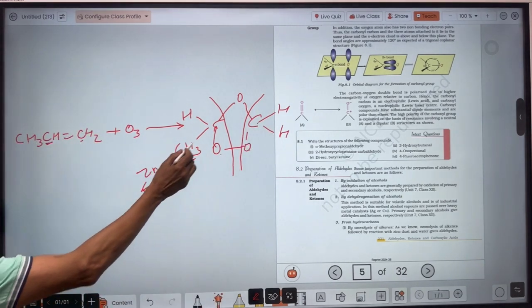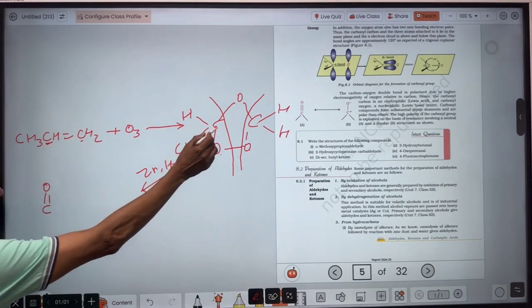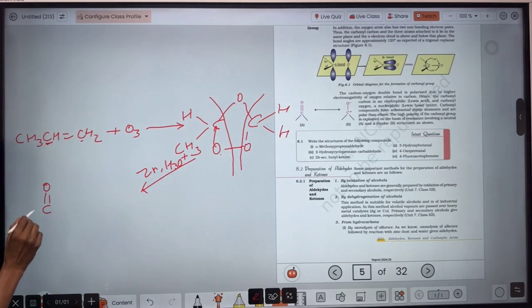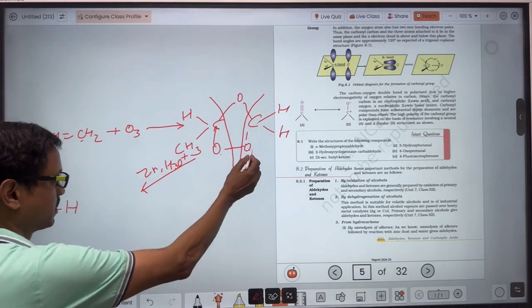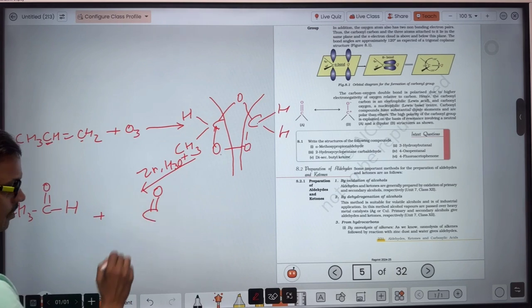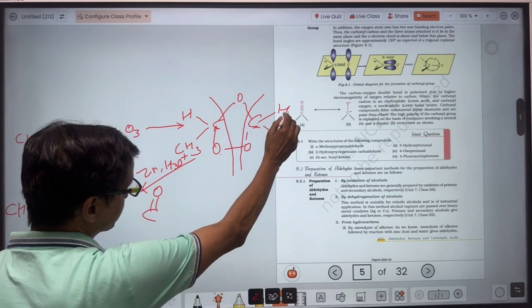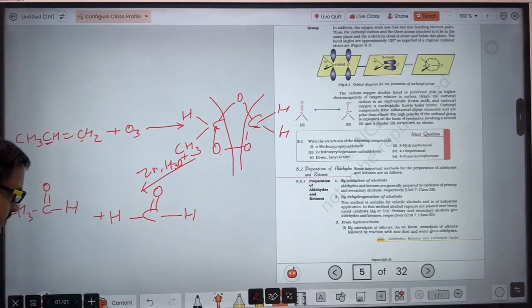So this carbon is bonded to the oxygen, and on one side there is methyl and on the other side hydrogen. And this oxygen will do double bond formation to this carbon. So here a double bond oxygen, and this carbon is bonded with two hydrogen, one hydrogen this side, one hydrogen this side.